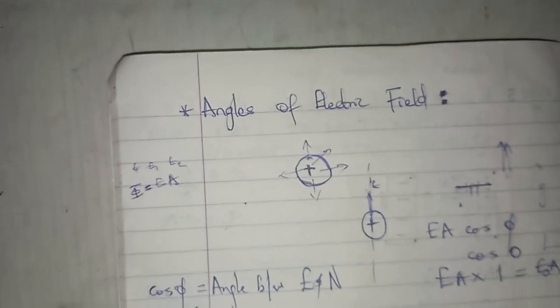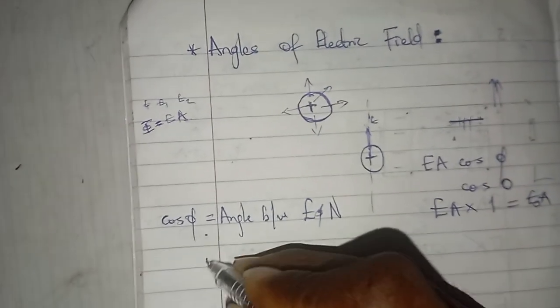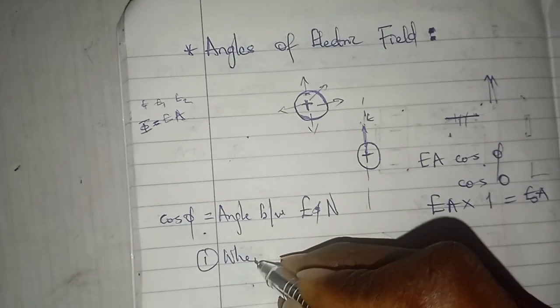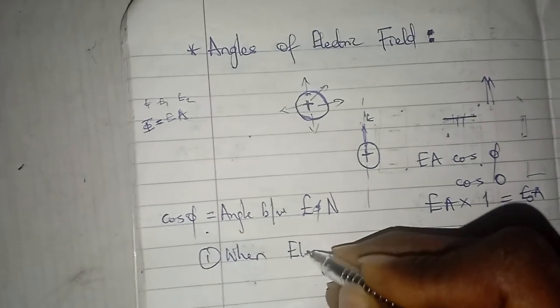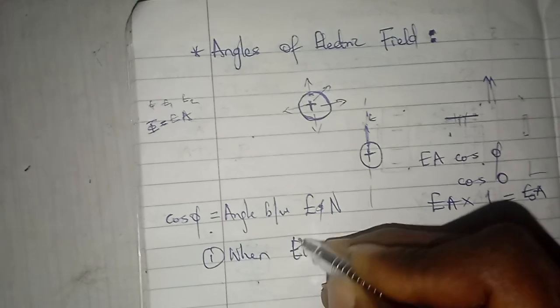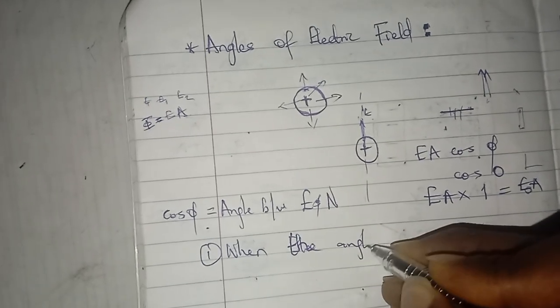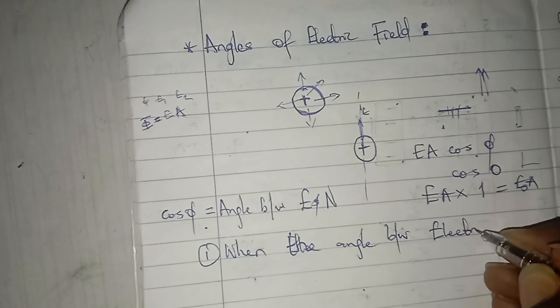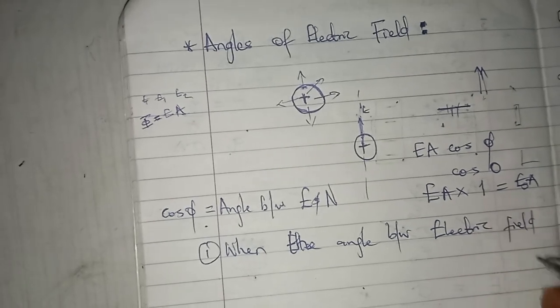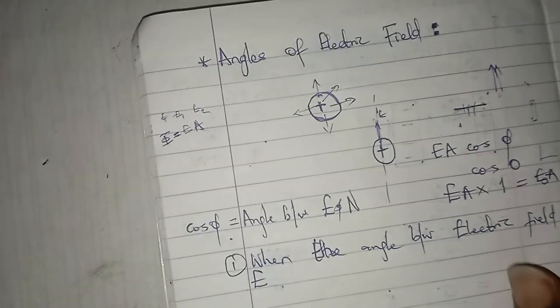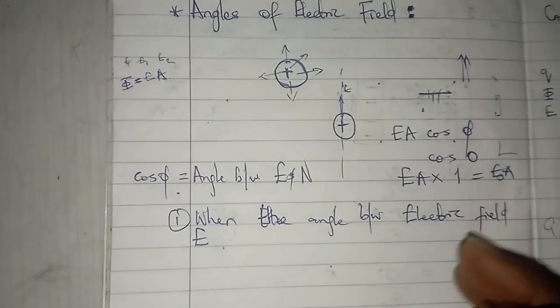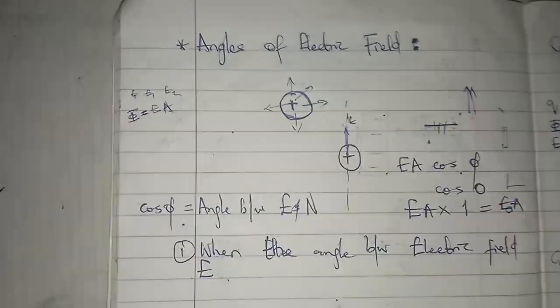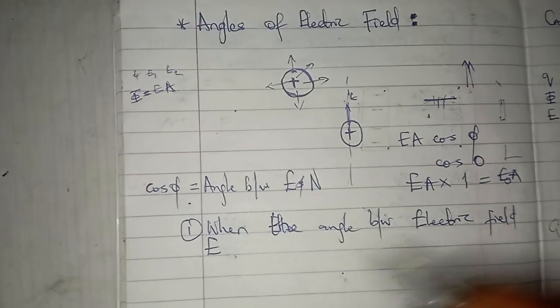So you can note it down. That means that when the angle between the electric field, I say electric field intensity, I told you to always see the same. You can give different definitions, but if you get deep into this course, you see that it's almost the same thing.